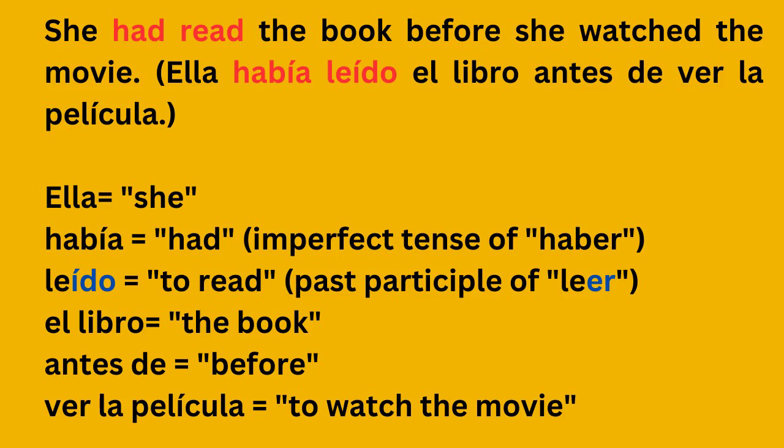Ella means she, había is the imperfect tense of haber, which means had, leído is the past participle of leer, which means to read, el libro means the book, antes de means before, ver la película means to watch the movie.